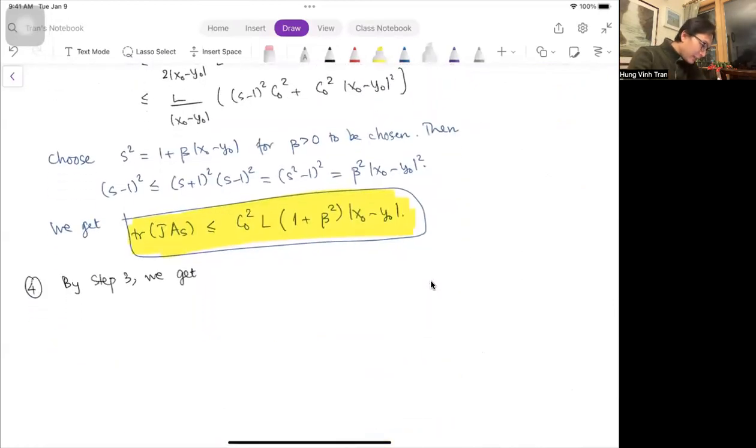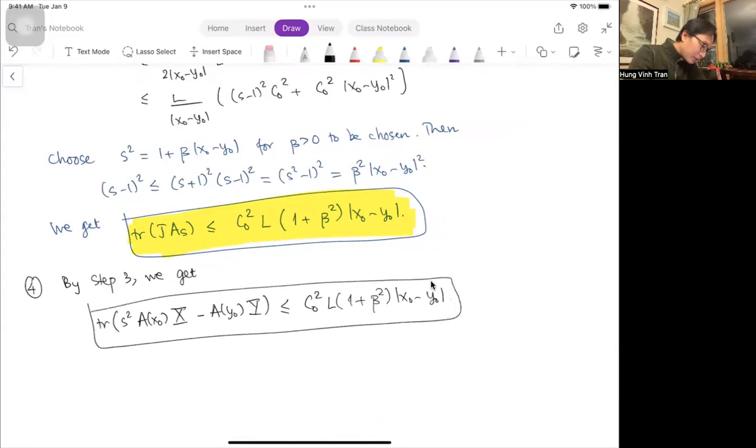Hence what we get at the end of the day by combining step 3 is that the trace of S square times (A x naught of x minus A y naught of y) is less than or equal to C naught square L 1 plus beta square times |x naught minus y naught|. Okay, so that's what I get. Okay, let me also highlight it. All right.